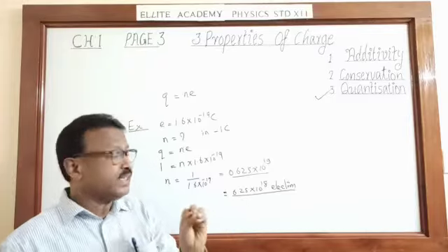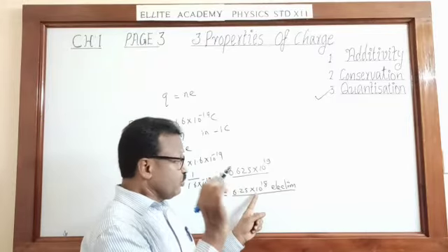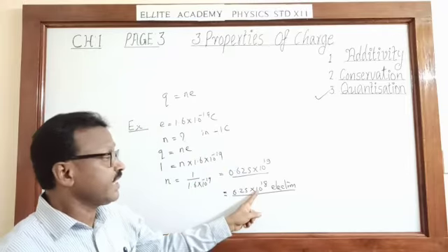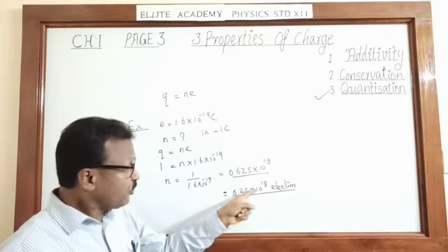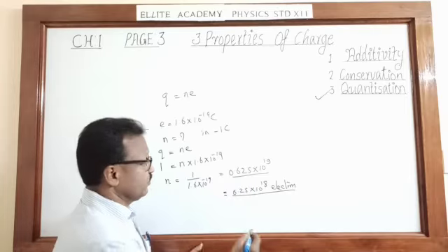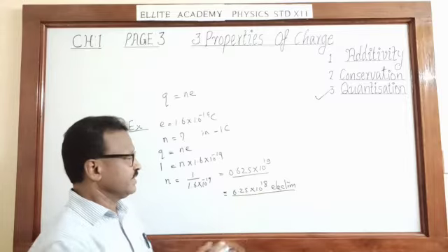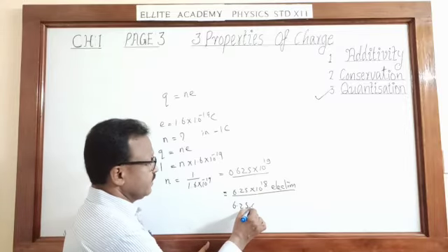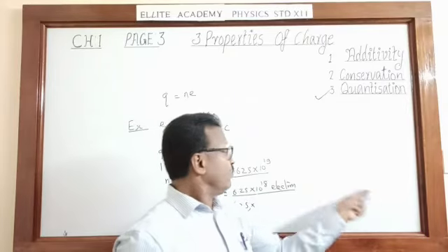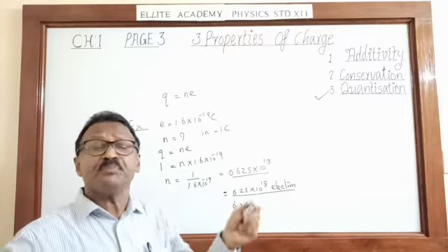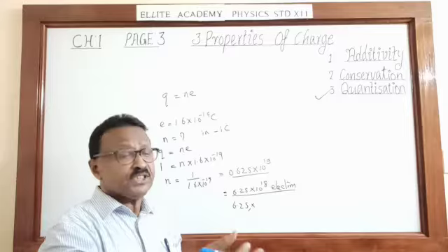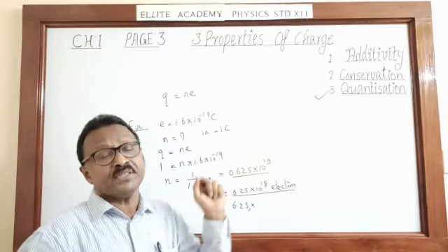Normally, as we said, our examples will have small charges: 10 raised to minus 3, 10 raised to minus 6, 10 raised to minus 9, etc. Out of 10 raised to 18 electrons, if I remove 1 electron, it doesn't make much difference. That means 6.25 and then 18 more zeros, and from that 1 or 2 electrons are removed. It doesn't make much difference. It's just like going to the beach, where we can see so many fine sand particles.